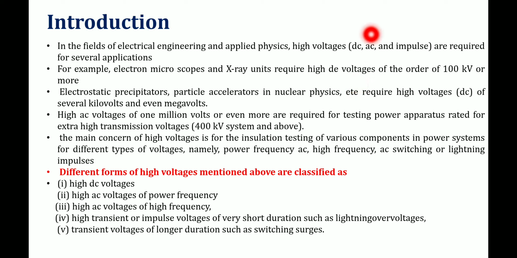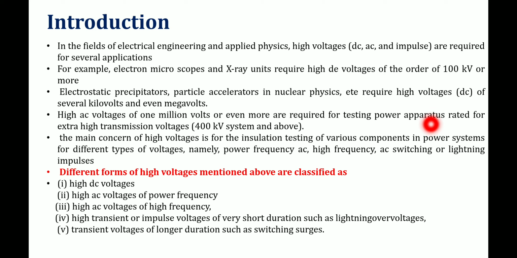Next comes high AC voltage. Where we are going to prefer this is at high voltages of the order of 1 million volts or even more. This much AC voltage is mainly required for carrying out insulation testing of power apparatus.